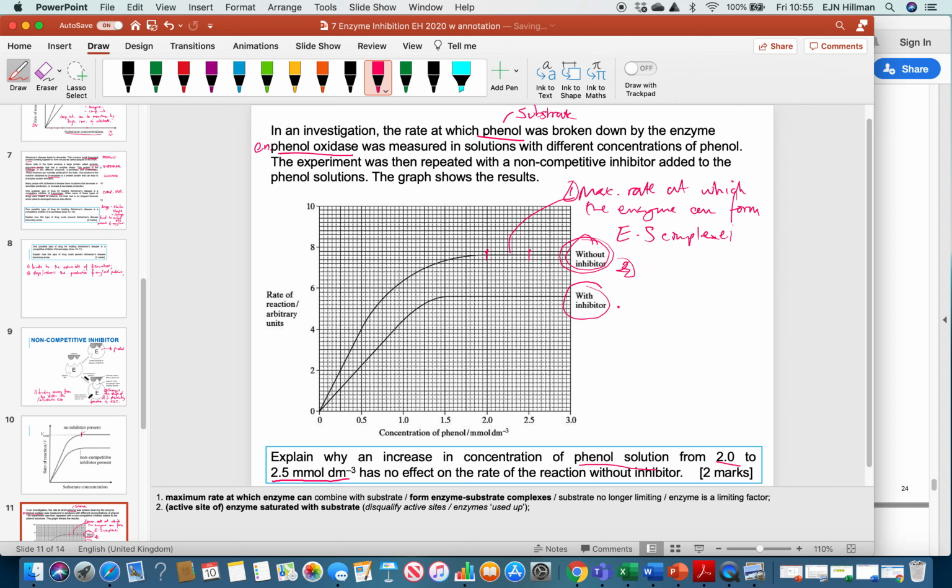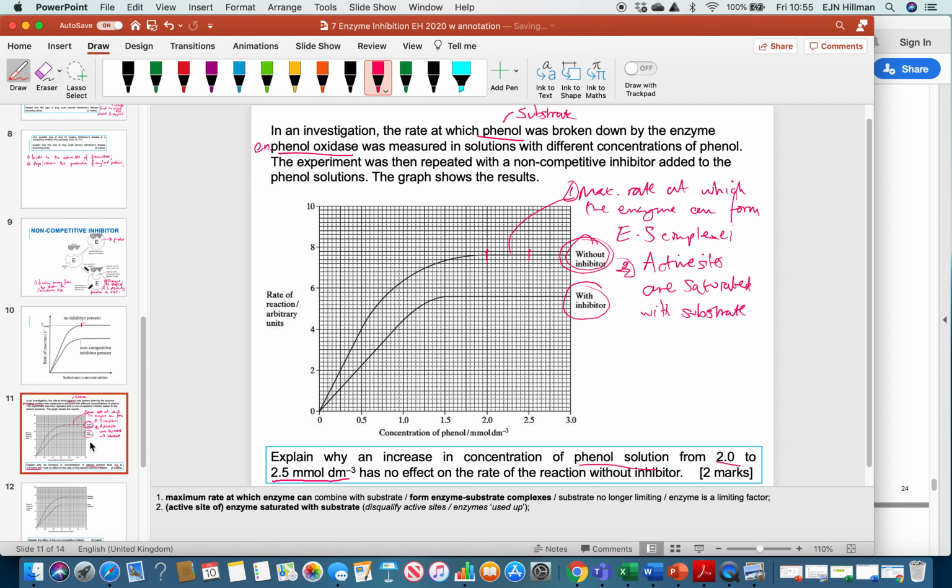The second mark is just that the active sites are saturated with substrate. Okay, 2 marks there. Essentially, this is a question about increasing the substrate concentration. But it's fairly typical that you'll see that combined with an inhibitor question.